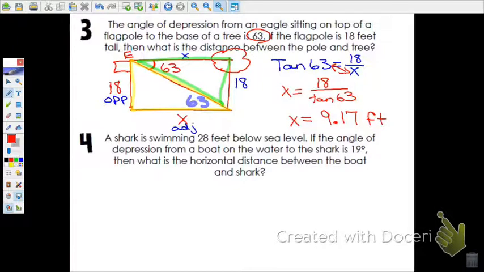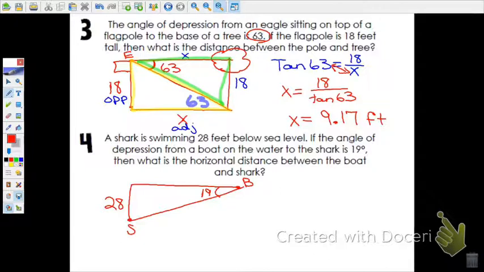We have a shark swimming 28 feet below sea level. So here's our sea level. The shark is 28 feet below. If the angle of depression from a boat on the water to the shark is 19 degrees, so we've got a boat here down to the shark, that angle of depression is 19.